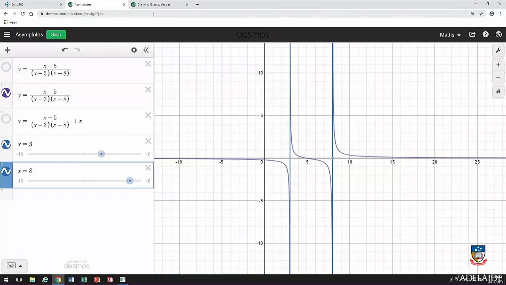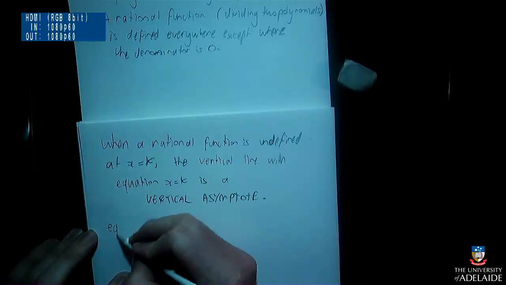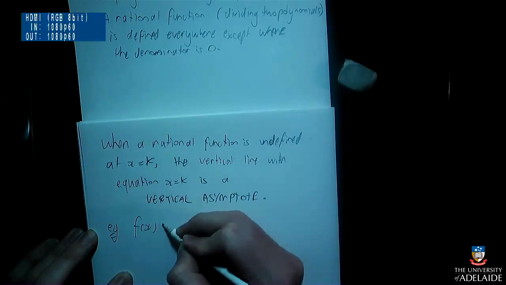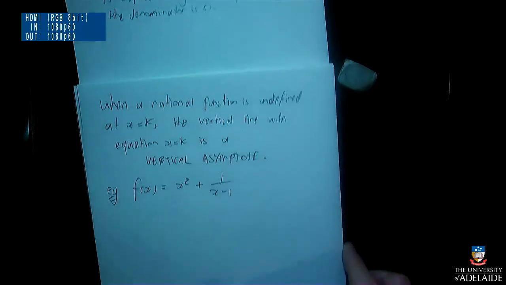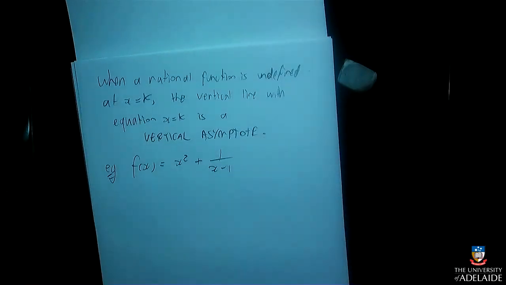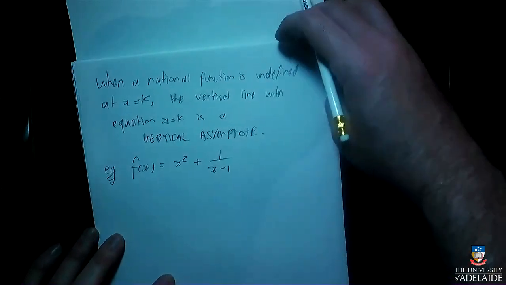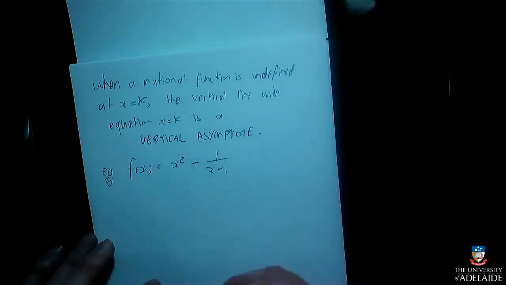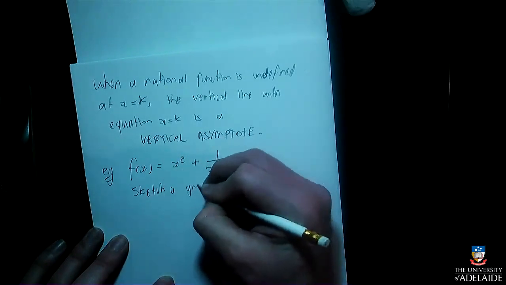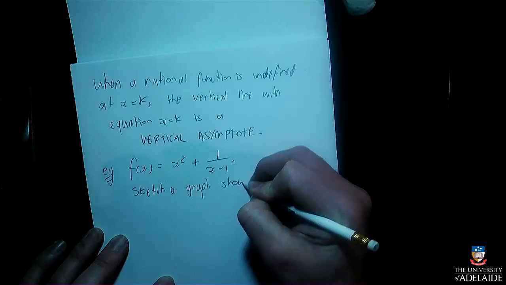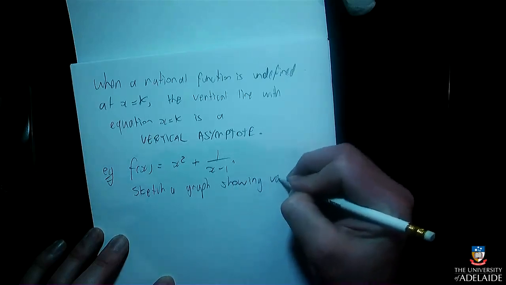So, how are we going to decide which way up it is? The easiest way to do that is via an example. So for example, let's say my function is going to be called f of x equals x squared plus 1 over x take 1. Sketch a graph showing vertical asymptotes.